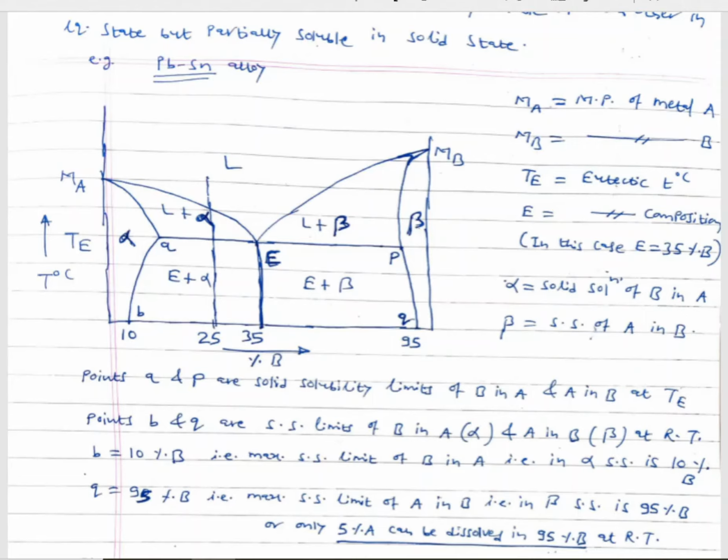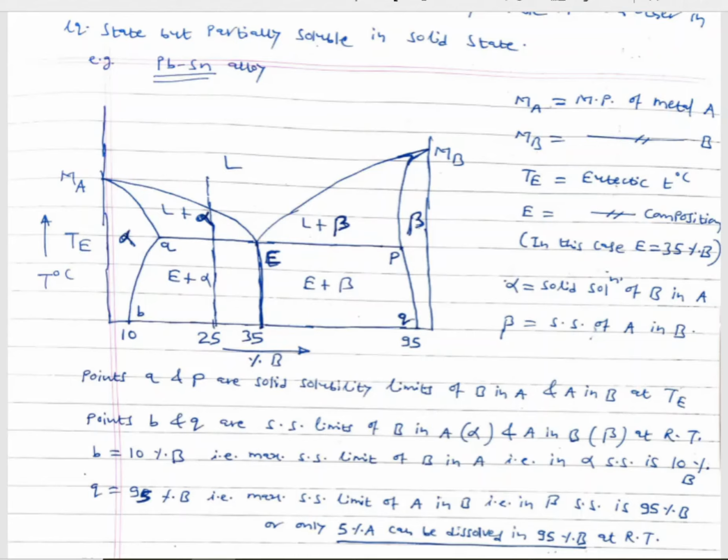Similarly, when you come down, consider the points b and Q corresponding to room temperature. b is 10% B, Q is 95% B. So small b gives us the information about the maximum solid solubility of B in A at room temperature.